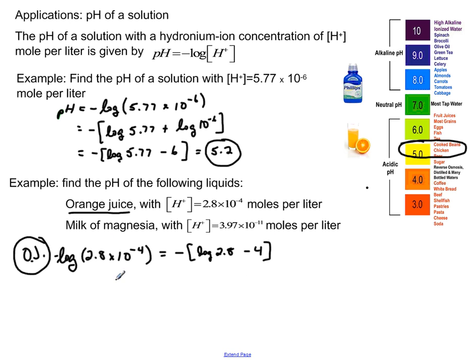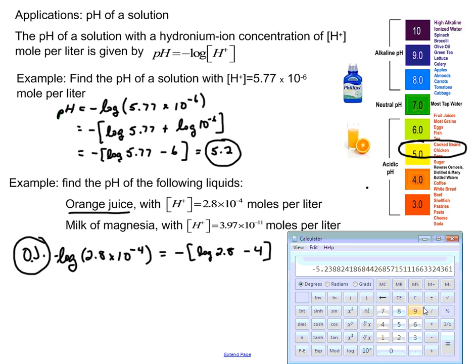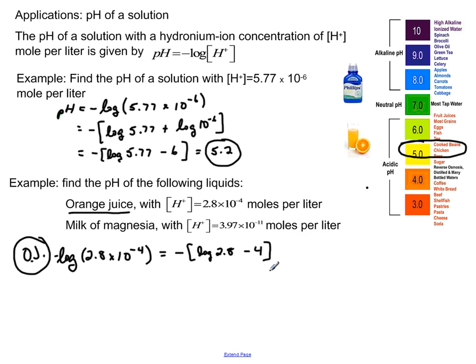That's what's been happening. So when we rewrite this, of course, I'm going to take my logarithm of 2.8. Let's clear this. 2.8, hit logarithm, subtract 4 from that, and then take the negative of that number. And here is my result, 3.55. So my pH is 3.5 or 3.6, let's say 3.6.